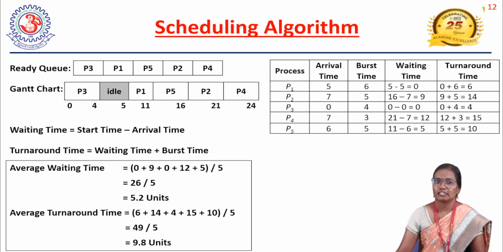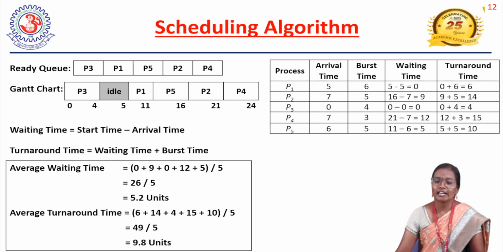So P2 and P4 are the two processes that arrived at the same arrival time 7. To break the tie, we choose the smallest ID. So the process P2 we consider as the smallest ID. So P2 will be selected for execution. After that, P4 will be selected for execution by the CPU.